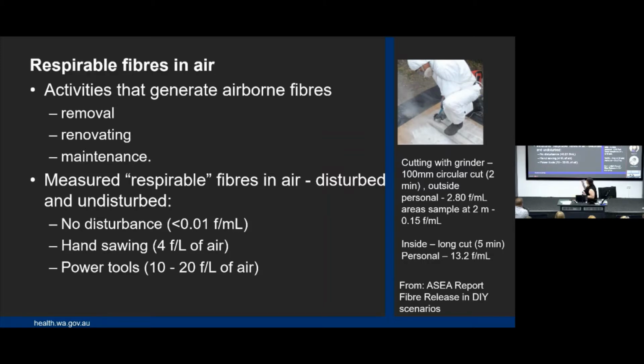If you look at that side panel there, that's an ASEA research report that looked at, again, another controlled exposure assessment, cutting with a grinder, a 100mm circular cut in a sheet. They got up to 2.8 fibres per mil. And then they did an area sample, this is outdoors, and it dropped away at 2 metres to 0.15 fibres per mil. So distance from the source is important as well.